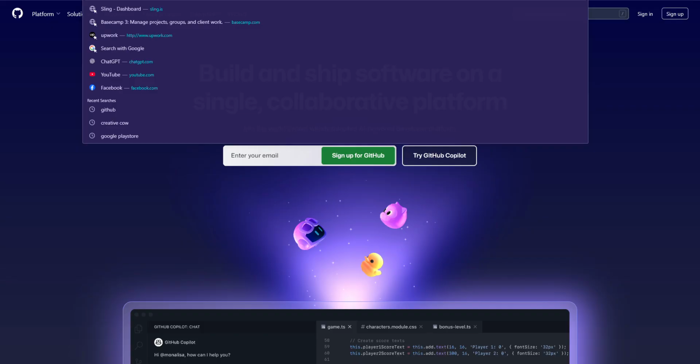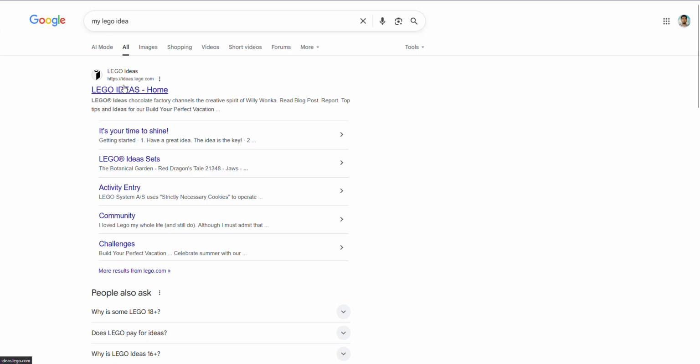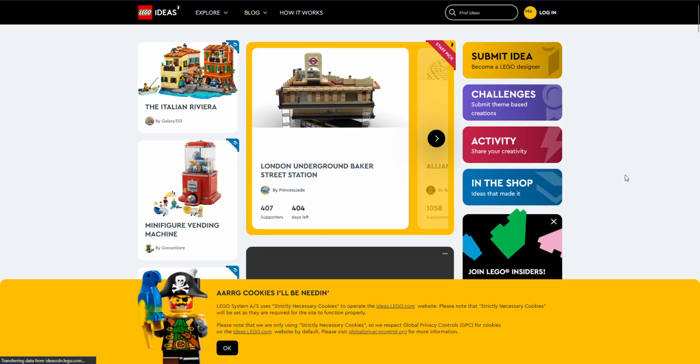To give you a more detailed look, ideas.lego.com is still there. The Starbucks campaign has closed, but Lego is still there, where we can create an account and then upload our Lego idea.